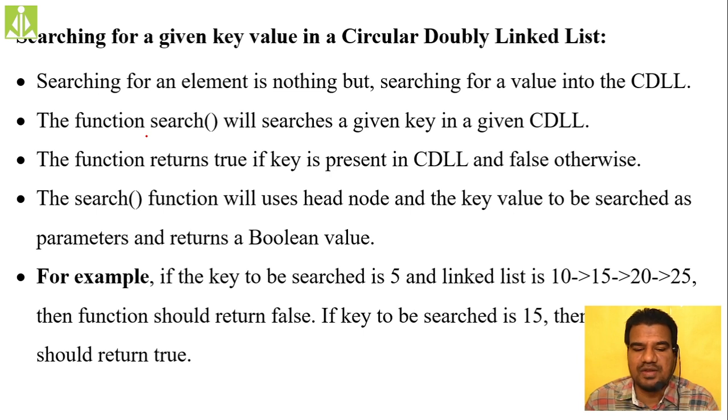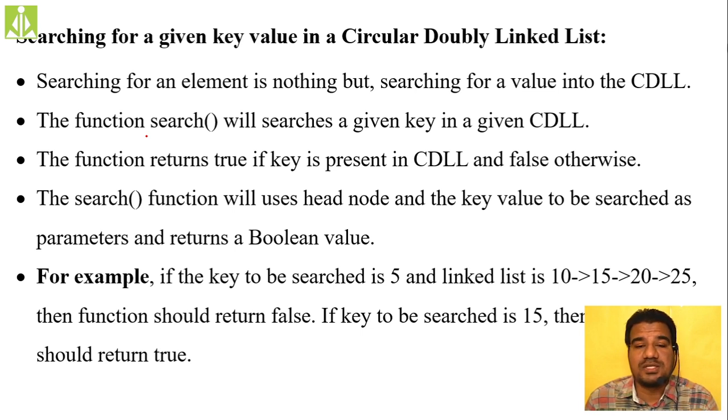Your search function will return a boolean value. Here I have given an example. If the list to be searched is 10, 15, 20 and 25, and you are looking for 5, key value 5 inside your circular doubly linked list, it should return false, because key value 5 is not there inside the list.